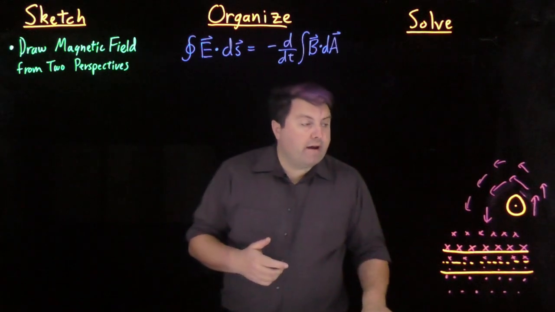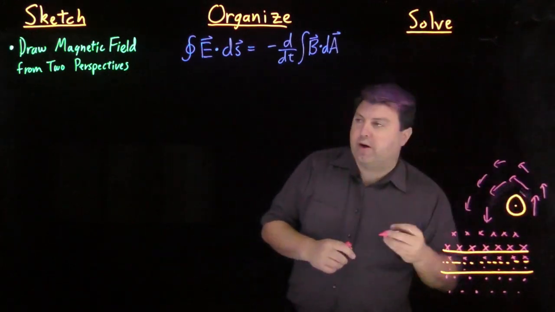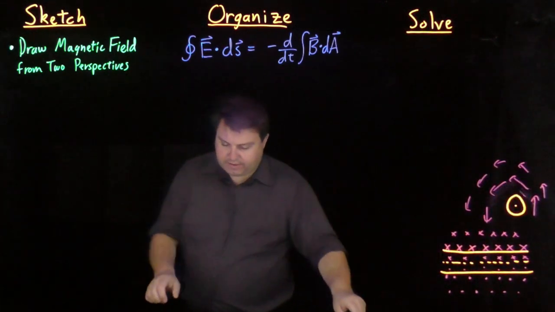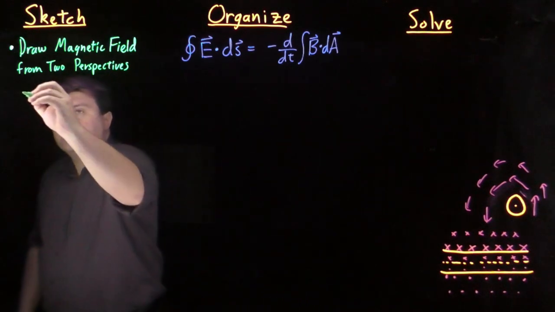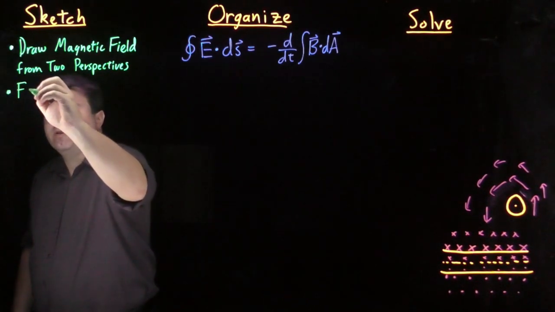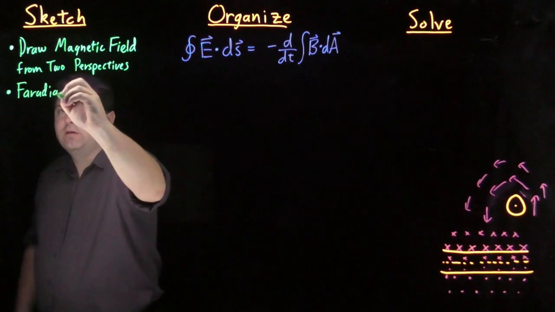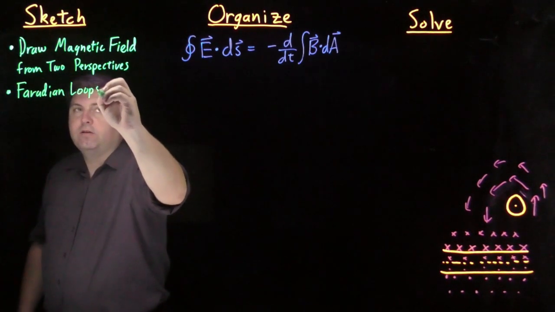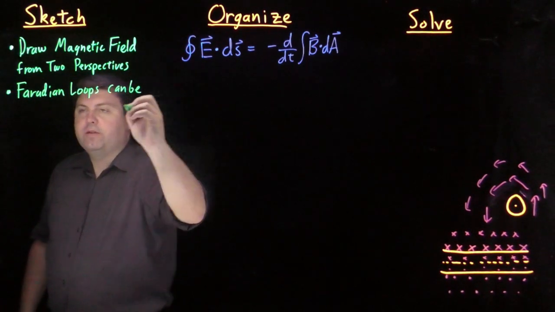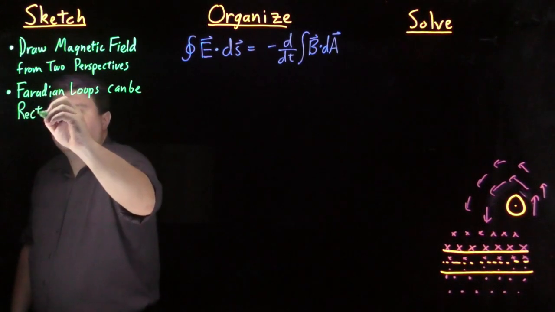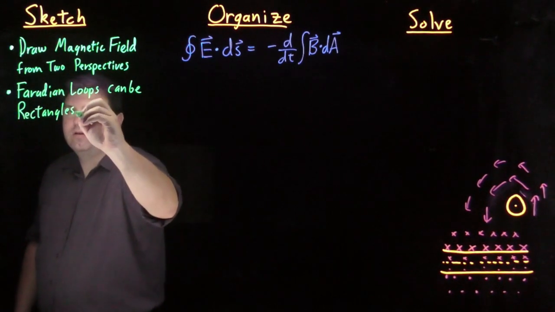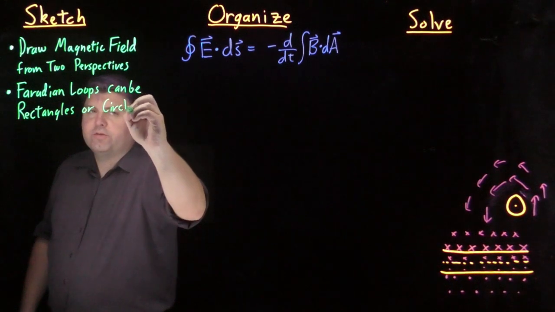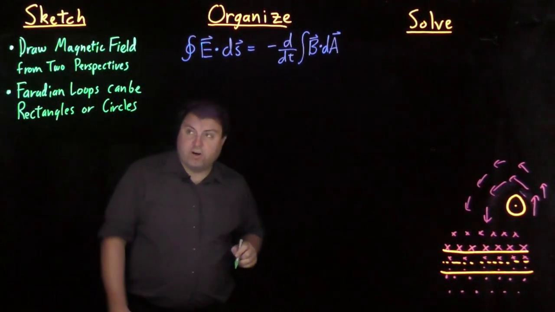So we have our magnetic field from two perspectives looking like this, and our Faradian loops, similar to Amperian loops, they can be rectangles or circles. We don't want too many other options for ourselves.